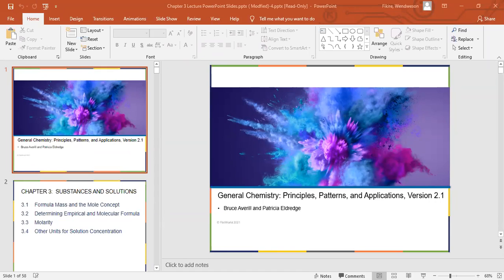Also, know the difference between intensive and extensive properties. They are also discussed in chapter one. Intensive doesn't depend on the quantity of the material that you have, and extensive depends on the quantity.